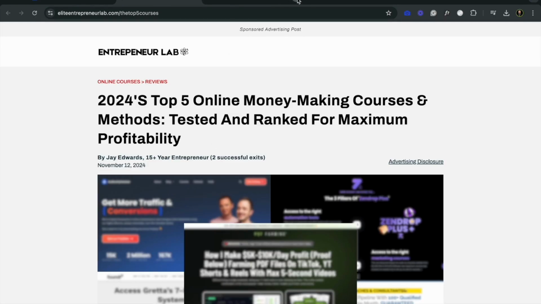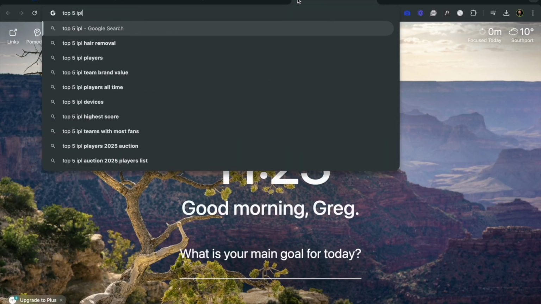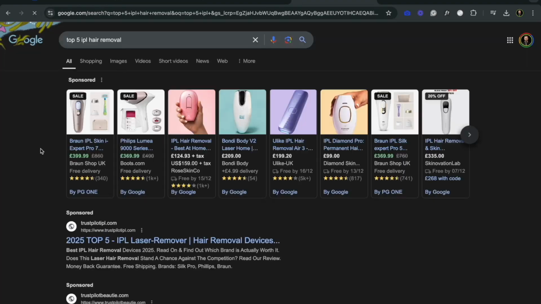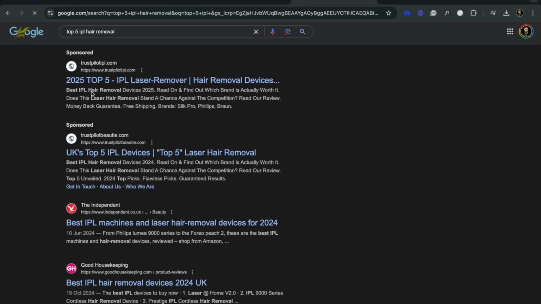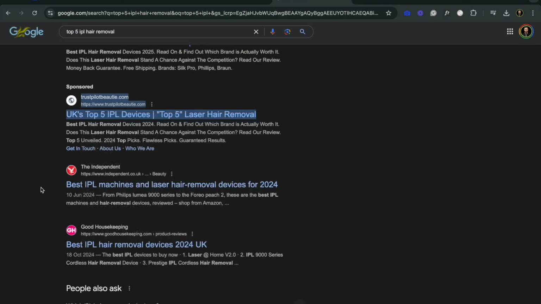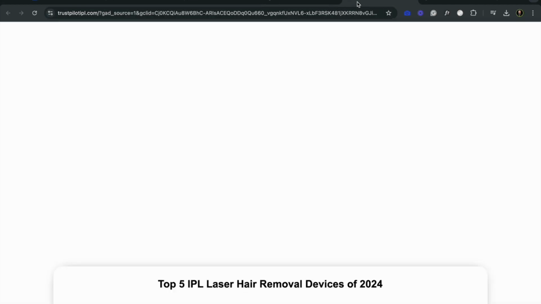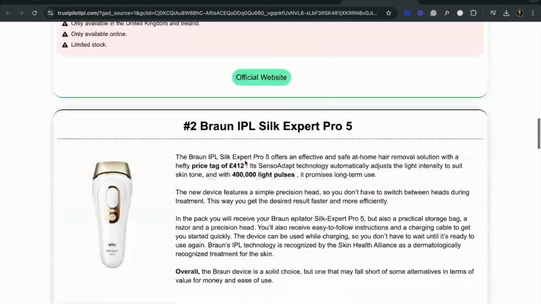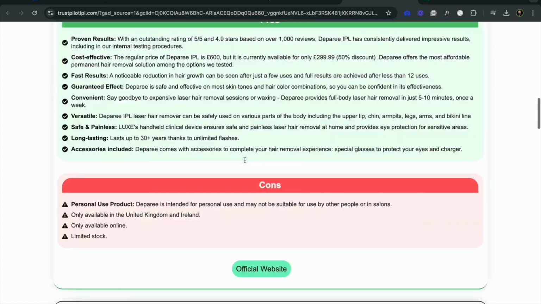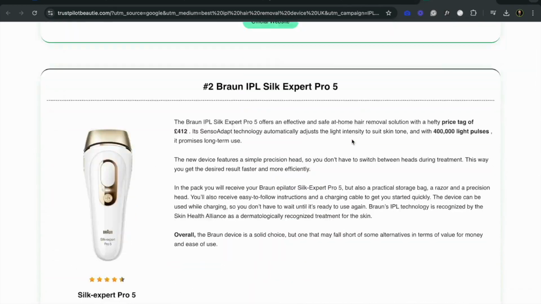So if I go to Google and search top 5 IPL hair removal, you can see straight away, even if I typed in the best, this would still come up. The first two results in Google Ads are these top 5 advertorial things.